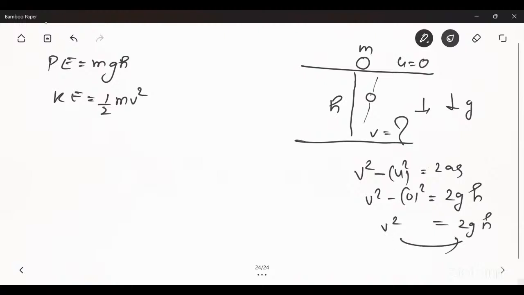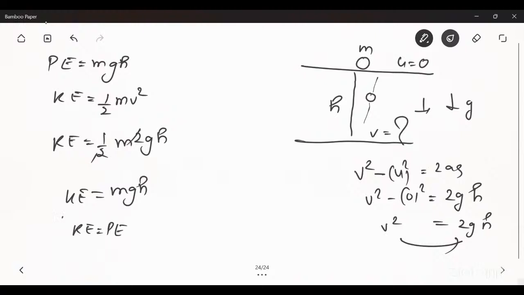In place of v square, I am putting 2gh. So the 2 is cancelled by 2, and kinetic energy is equal to mgh. And what is mgh? Potential energy. So when a body falls from a certain height, its potential energy changes to kinetic energy, but the total energy remains constant.